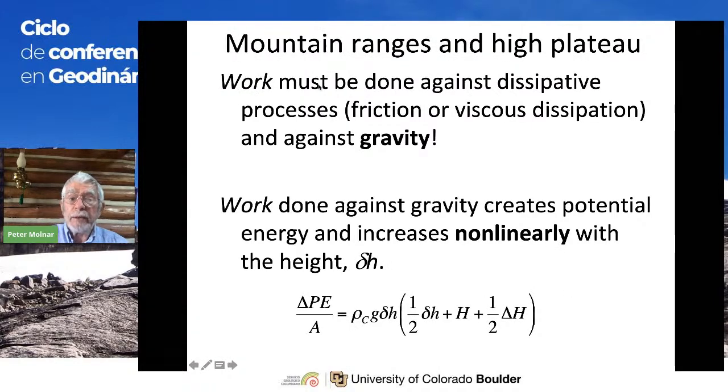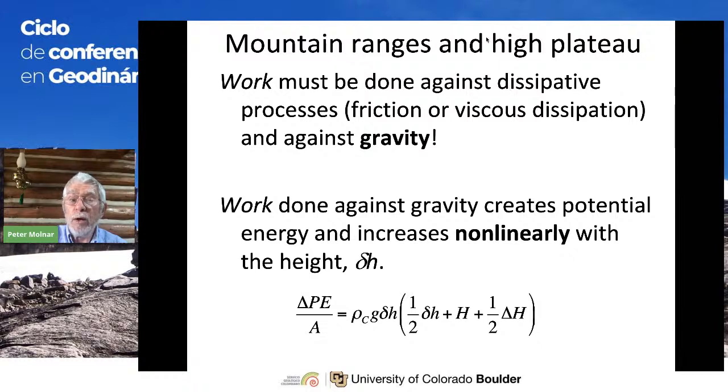Let's back up a little bit. To build a mountain range or a high plateau, you have to do work against dissipative processes, friction or viscous dissipation, and against gravity. If you didn't have friction or viscous processes, of course, if you built a high range, it would just flow away and disappear. It wouldn't last. It needs some strength to remain, and it resists deformation as you build that region.